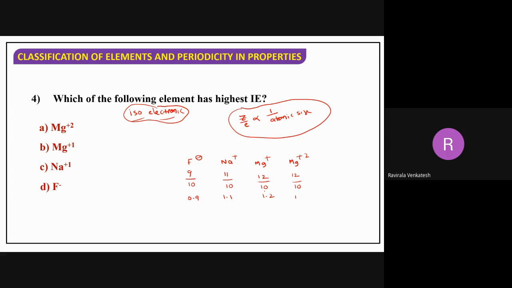Just a minute, magnesium plus is not isoelectronic, it has 11 electrons.